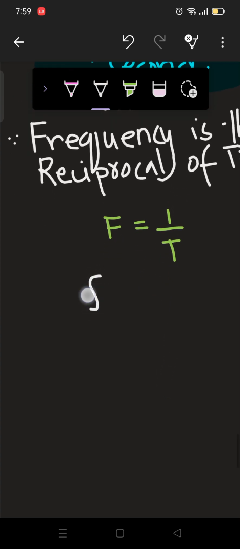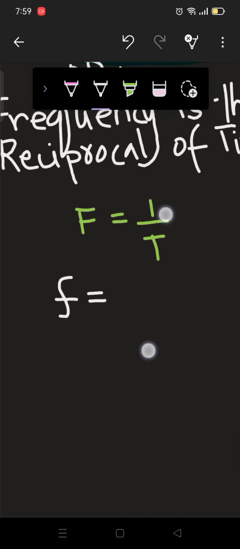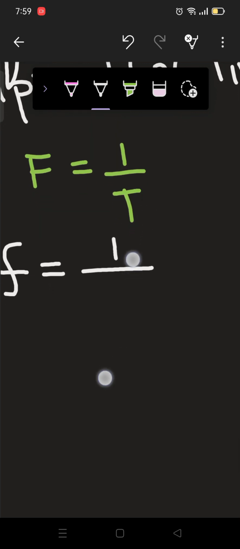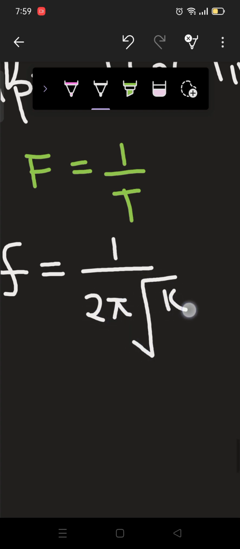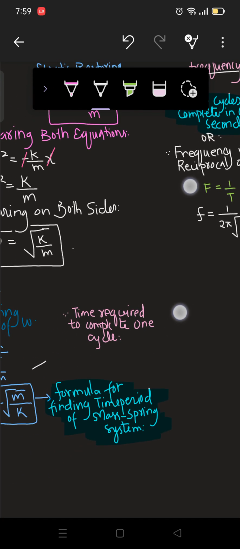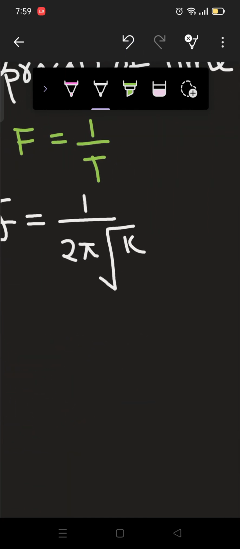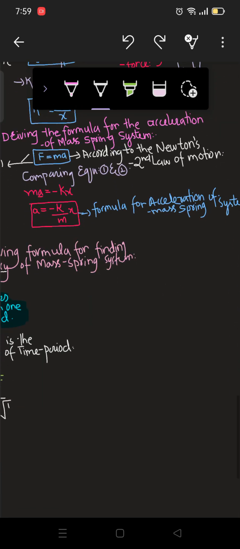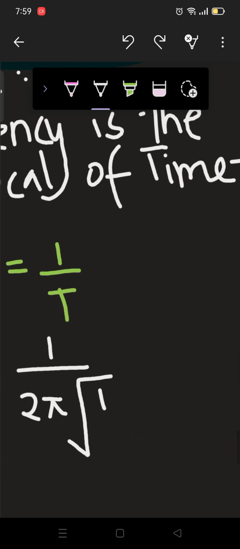Now see, f is equal to 1 over, what is the formula for finding the time period of a simple mass spring system? It is 2 pi under root k over m. k over m or m over k? It's m over k, right? So 1 upon 2 pi into under root m over k.